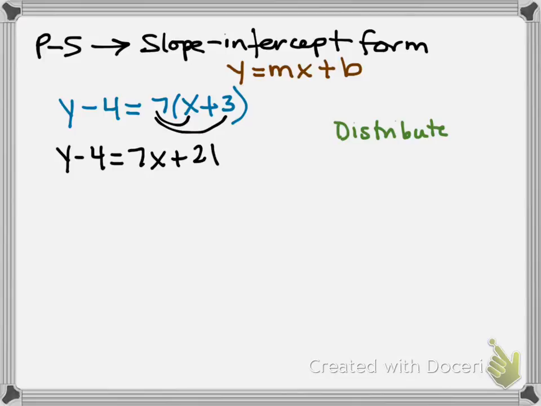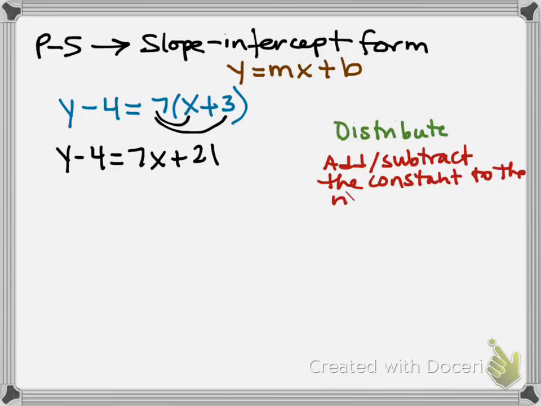Pardon me? Add 4 to 21. Yeah. Let me write it out in words. Add or subtract, depends on what the sign tells you to do. The constant to the right.